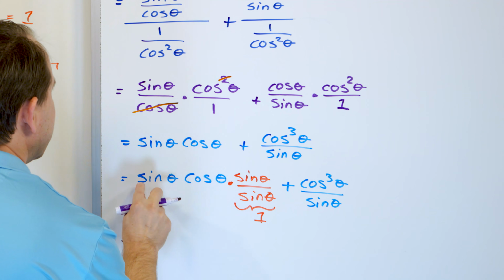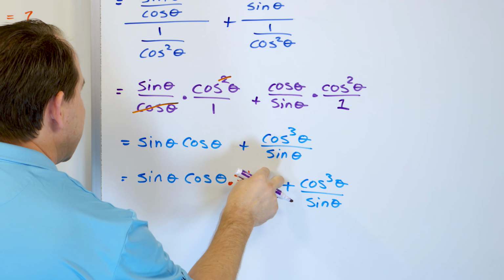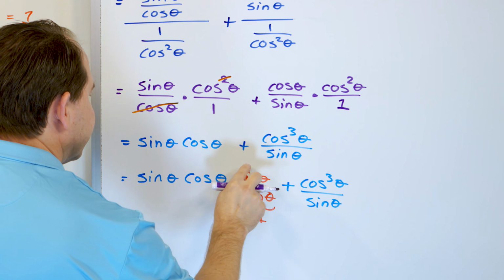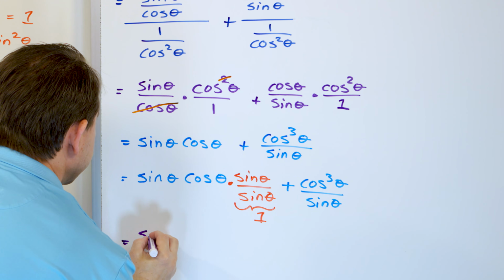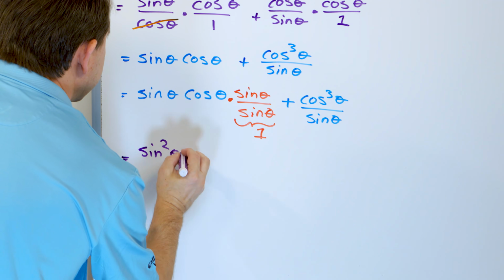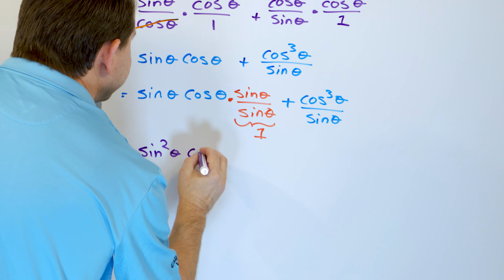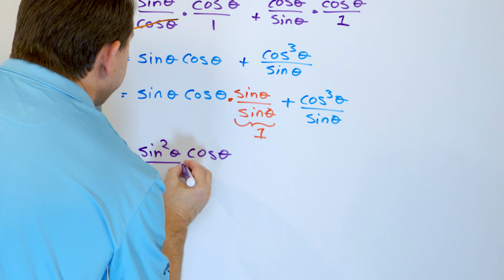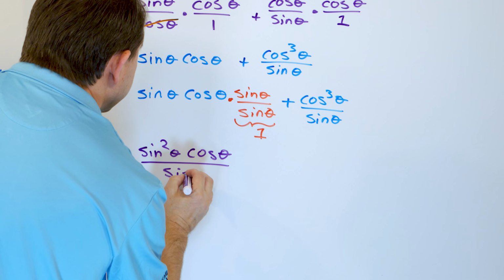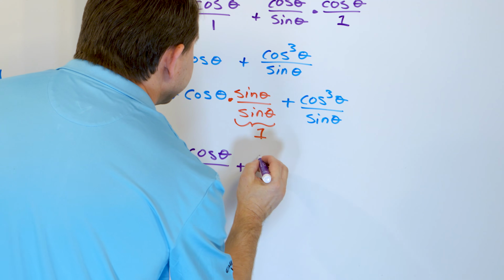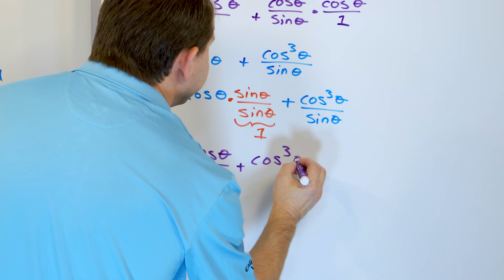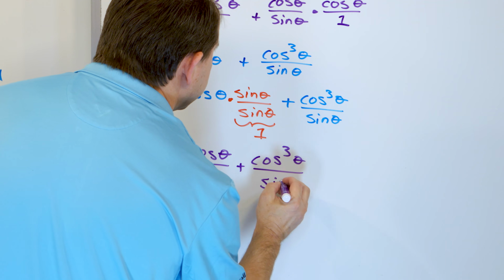So what do I have? This term times the sine, because remember the numerator times the numerator is going to give me sine squared theta, because I have two sines here, times the cosine of theta. And then on the bottom, it's going to be sine of theta. And then over here, it's going to be cosine cubed of theta over sine of theta.